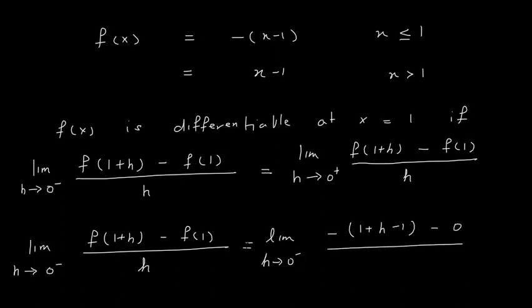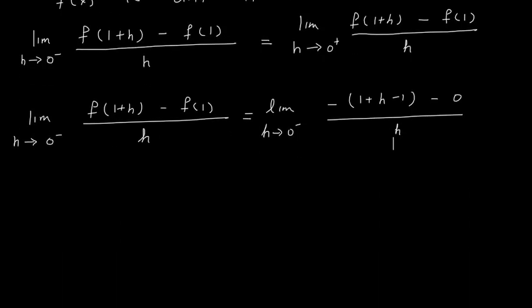Whole divided by h. So this value will give me limit h tends to 0 minus of -h upon h, which is -1.